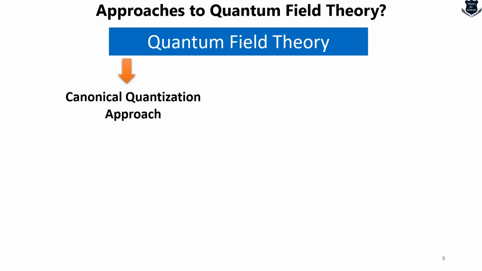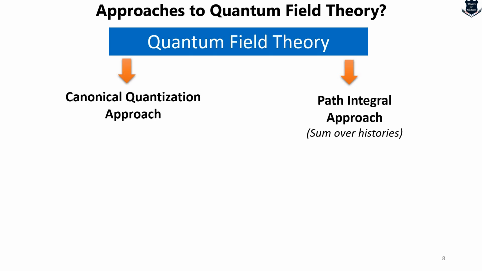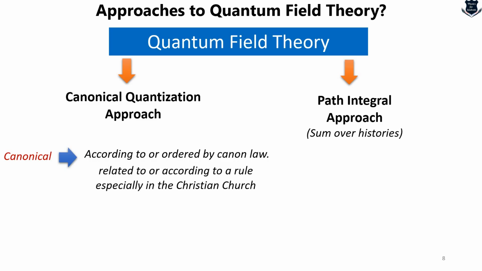So let us understand that to construct and analyze quantum fields, physicists developed two different approaches. One is the canonical quantization approach, and the second is called the path integral approach, or some people call it the sum over histories approach. The word canonical actually means according to, or ordered by, canon law, related to a rule established by the parish or the church. In general, from the literal meaning, we try to get an understanding of what the subject is.